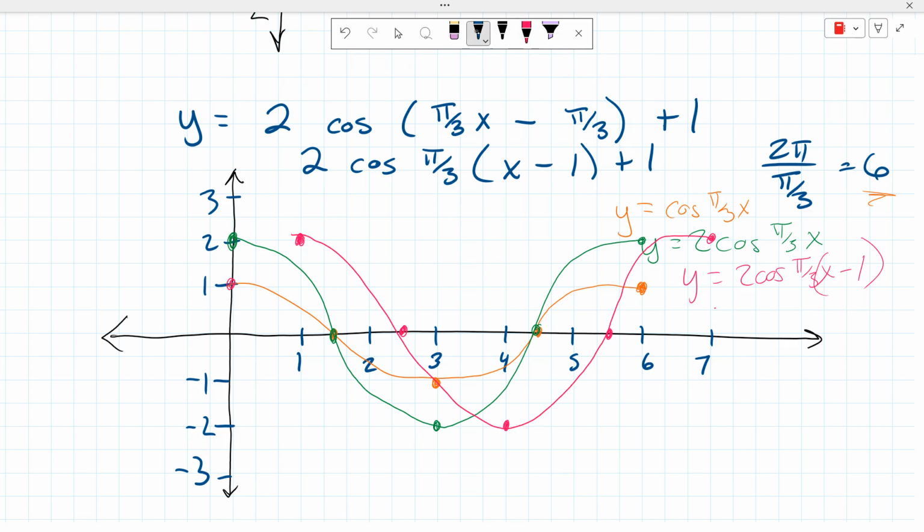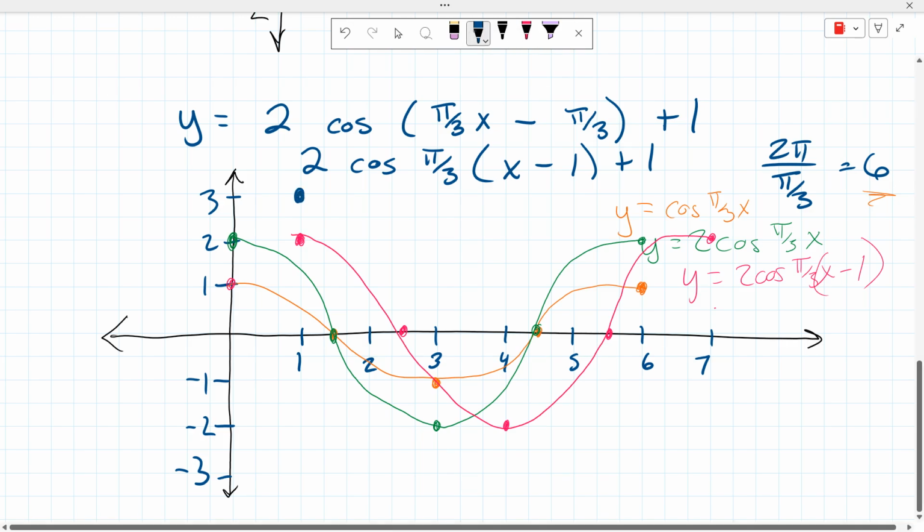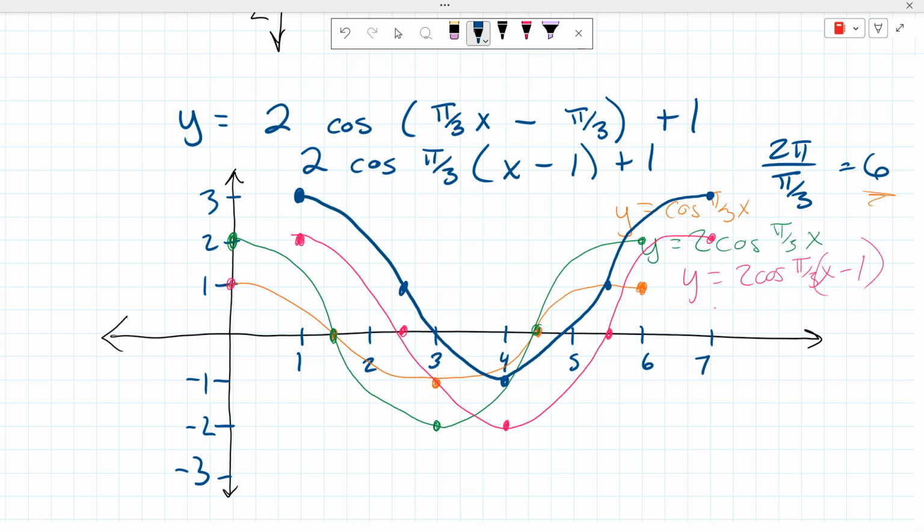And then finally 1 up. Ta-da. There we are.